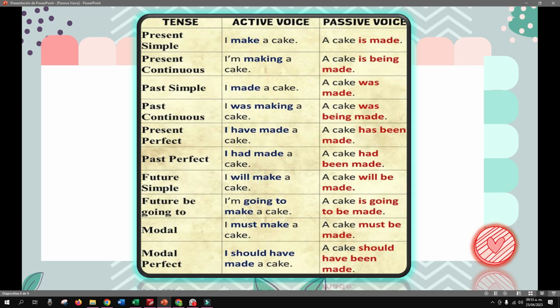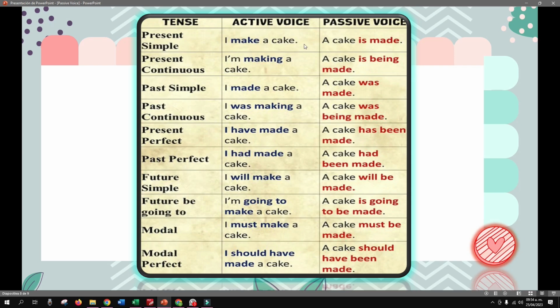I make a cake. That is an active voice sentence. If you want to write down that one, first, you're going to take what? The object. What did you make? A cake, right? So you're going to write down first the object. Then you have what?